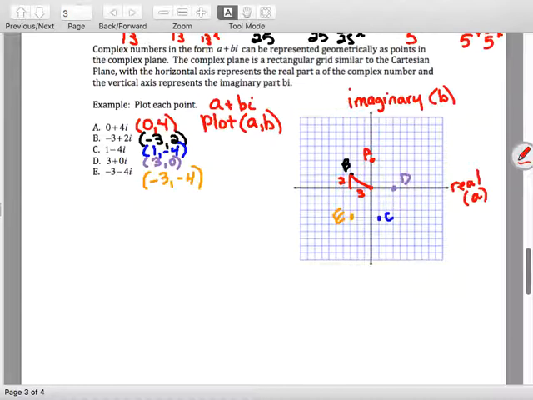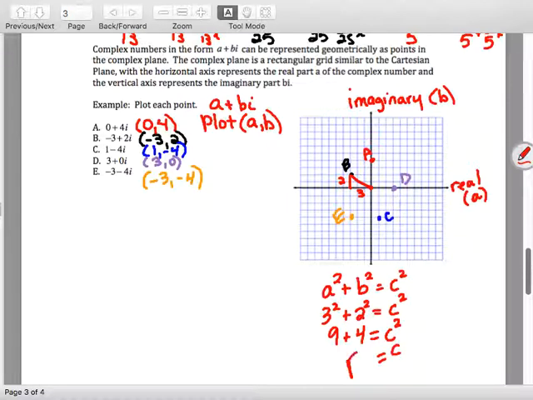Oh, you guys are impressive. So if you do A squared plus B squared equals C squared, this is 3 squared plus 2 squared equals C squared. So 9 plus 4 is C squared. So C is the square root of 13.